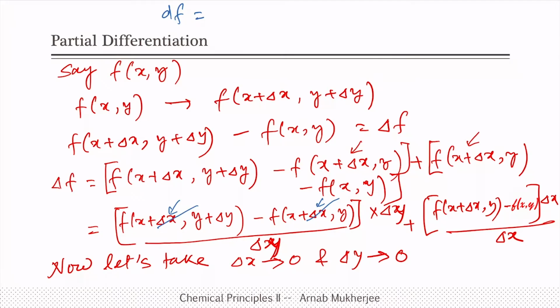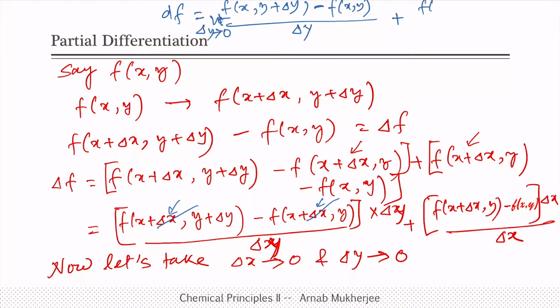So, what we are going to have is f(x, y + Δy) minus f(x, y) divided by Δy, limit Δy tends to 0, plus f(x + Δx, y) minus f(x, y) divided by Δx into Δx. Now, you see what is happening.